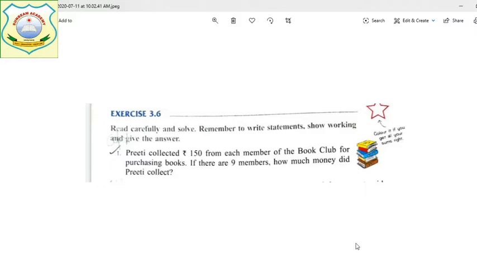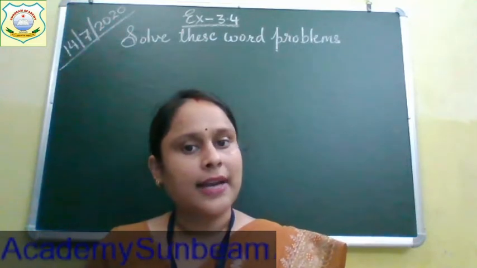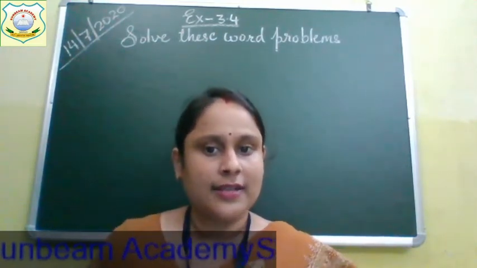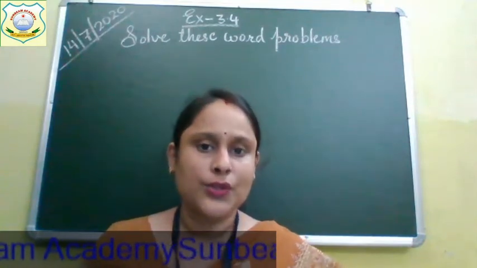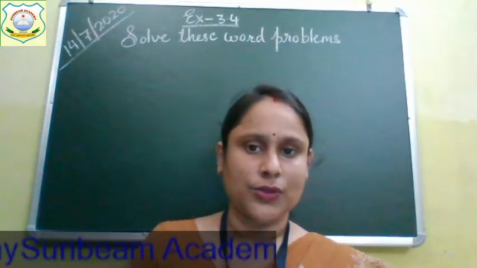Children, have you all written the question now? I hope now you all have written the question. Now start writing the solution. Question everyone has written. Now we will write the solution of the question. First, I'll explain the question if you have not understood.